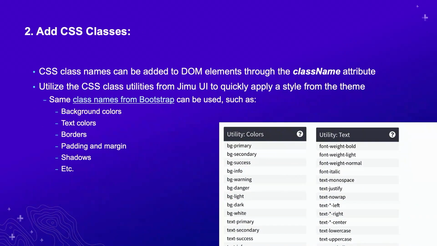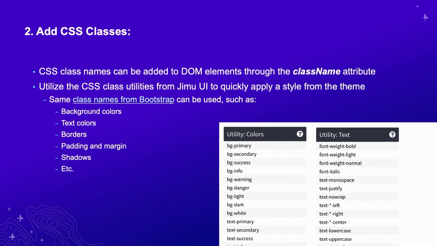And next is to add the CSS classes to the widget. In React, the CSS class names can be added to the DOM elements through the class name attribute. Also in Experience Builder, we provide a group of utility classes, or you can call them modifier classes, to help you quickly apply a style from the theme to a UI element.